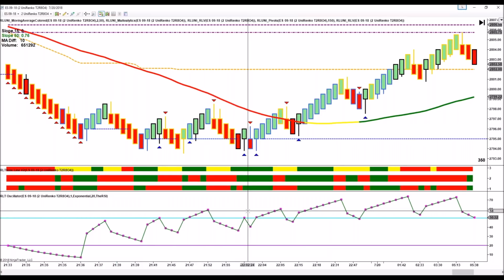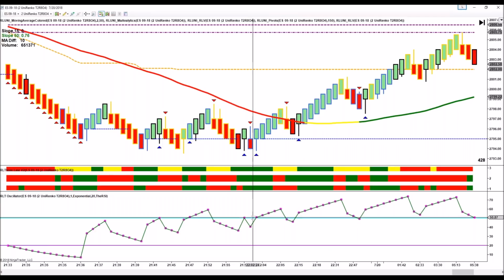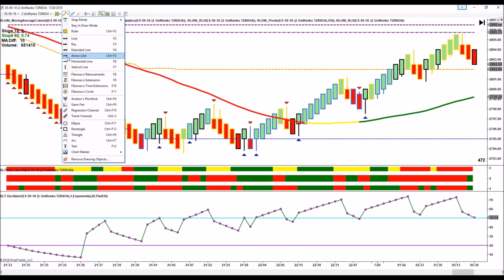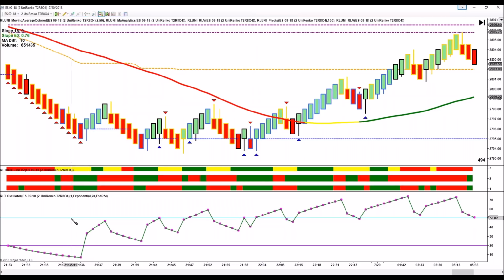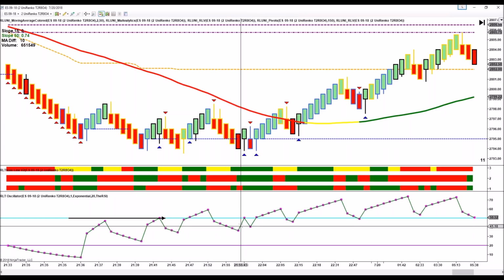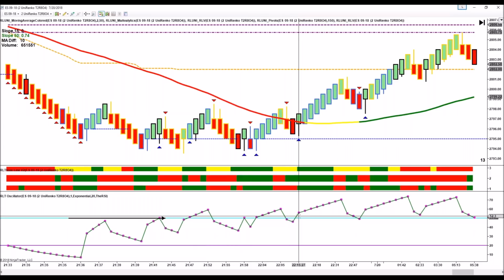And the reason we did it is for the same reason that the MACD is exponential. We wanted to get, here's the 50 line. And every time the oscillator line crosses, if it crosses to the downside, you get a down signal. If it crosses to the upside, right here, you get an up oscillator signal.